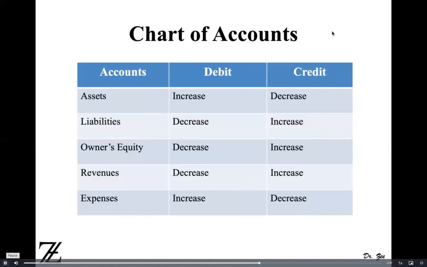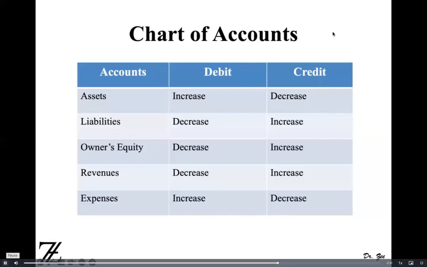Okay, if you're buying more buildings, then assets are increasing. Again, you have to debit that, right? If you're selling machines and equipment, your assets are decreasing. You credit that. If you are paying employees, paying for services or utilities, then your assets will decrease, cash will decrease.